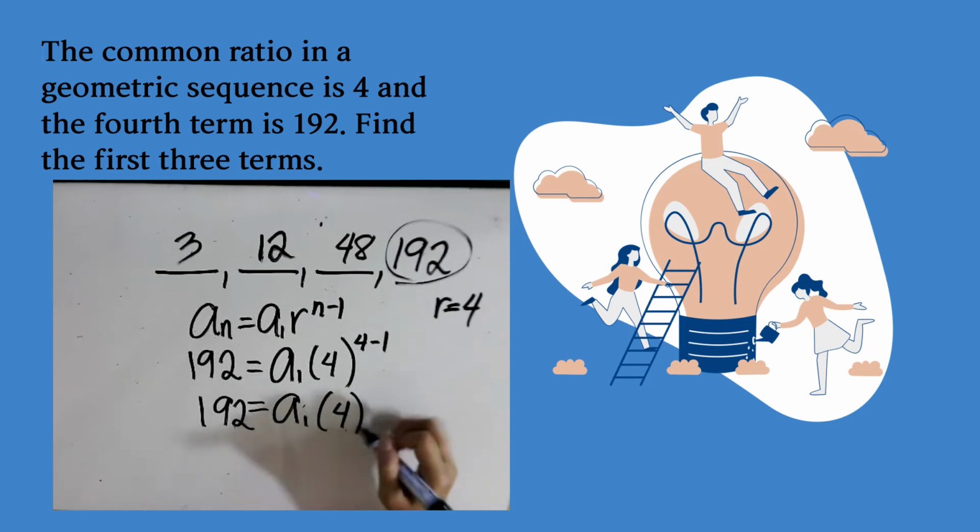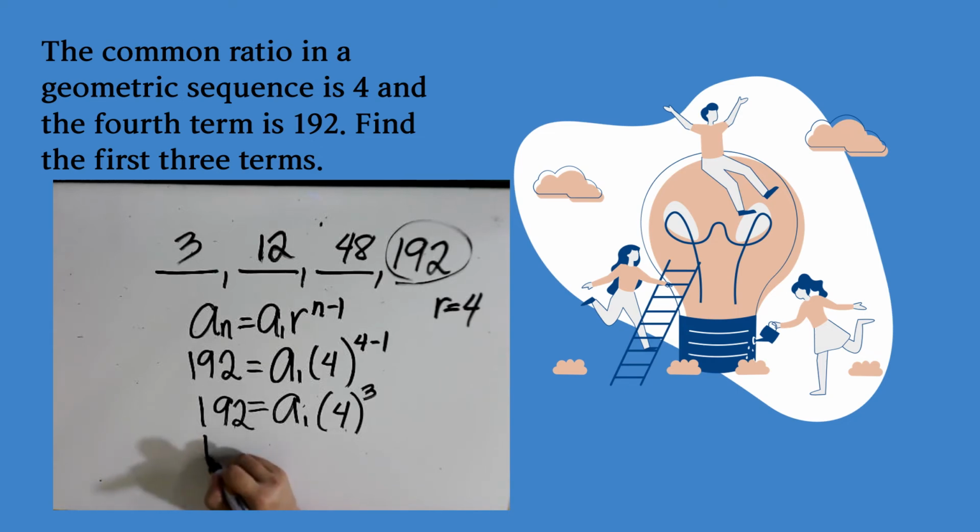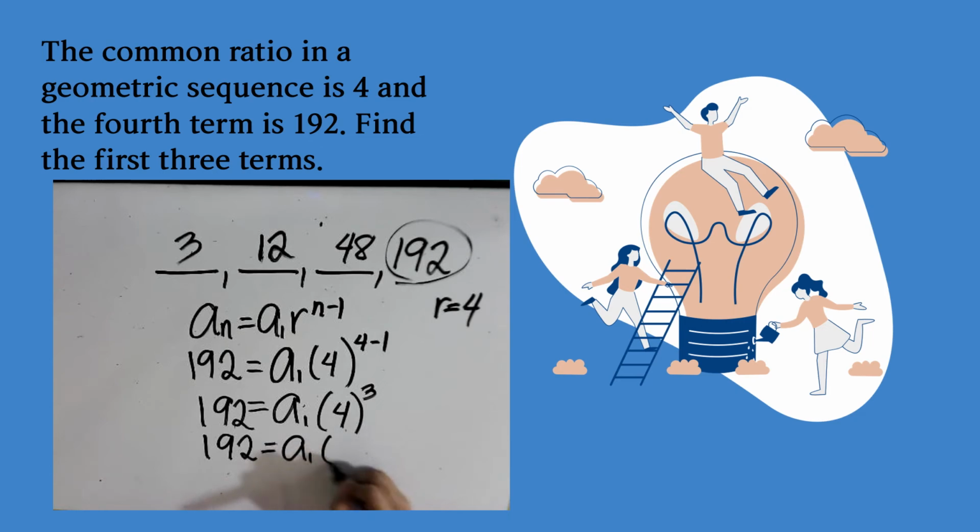Tapos, mag 4 minus 1 muna tayo sa exponent, and that is equal to 3. Then, copy again. And then, let's evaluate what is the value of 4 raised to 3. So, 4 raised to 3 means 4 times 4 times 4, which is equal to 64. Yan.